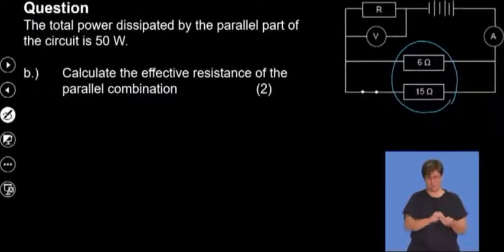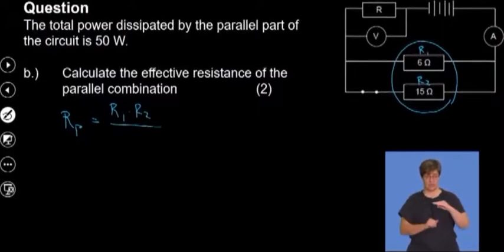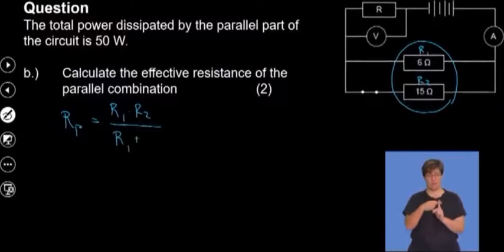So R parallel is equal to the product, let's call this R1 and this one, 15 ohms, R2, and then we would have R1 multiplied by R2 divided by R1 plus R2. So this is actually applicable when only two resistors are connected in parallel.